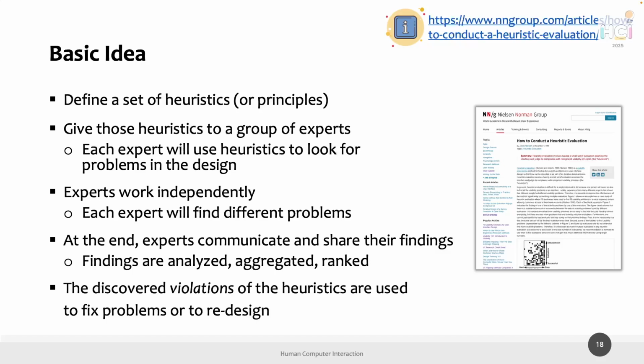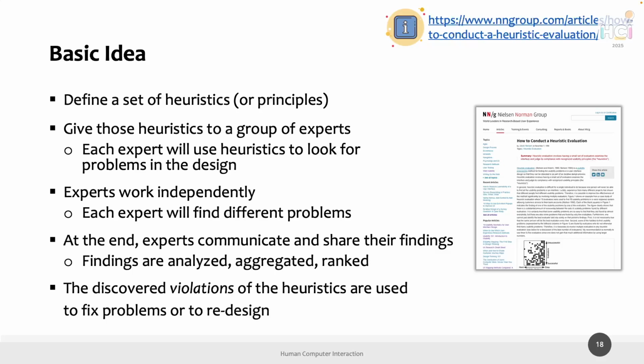You define a set of heuristics or principles, but typically you use some well-known heuristics, the ones proposed by Nielsen. You give those heuristics to a group of experts, and each expert will use the heuristics to look for usability problems in the interface.